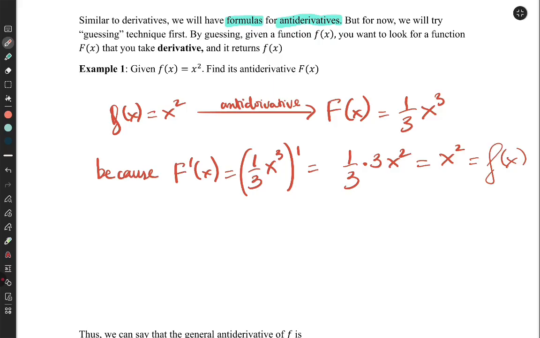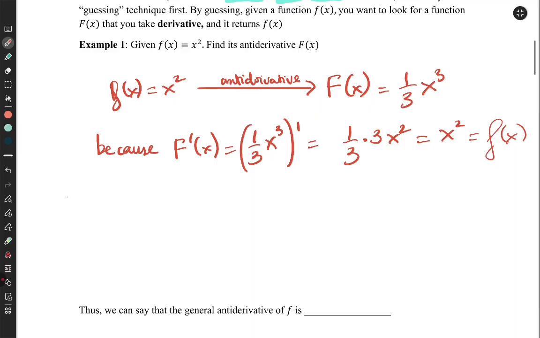I can think of another one. Let's say I bring up another one, g of x. That means this one is different from that one. How do I make it different? I just add another number, maybe plus 2026 there, so that you can see the difference.